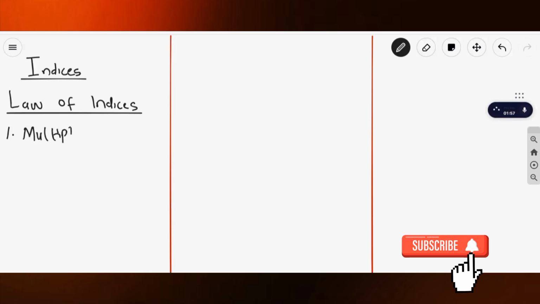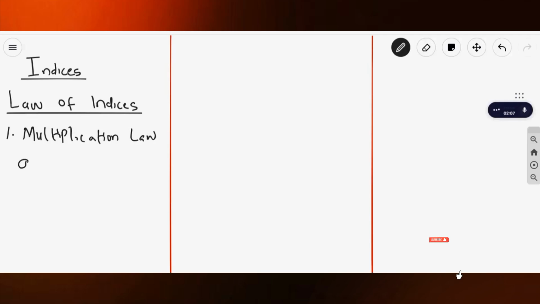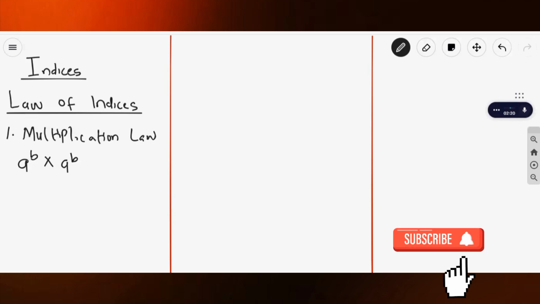It says that when you have a base raised to a power multiplied by another base which is the same, raised to another power, then you have the base raised to the addition of the powers. Note, the base must be the same.